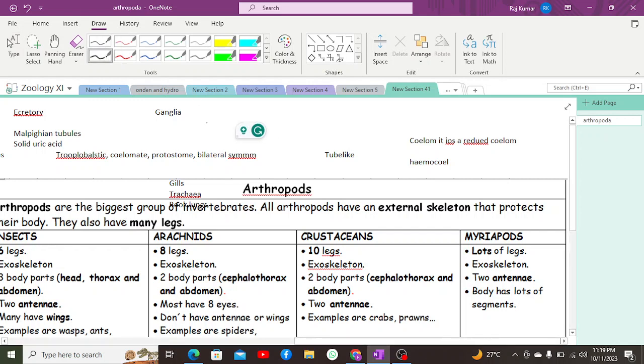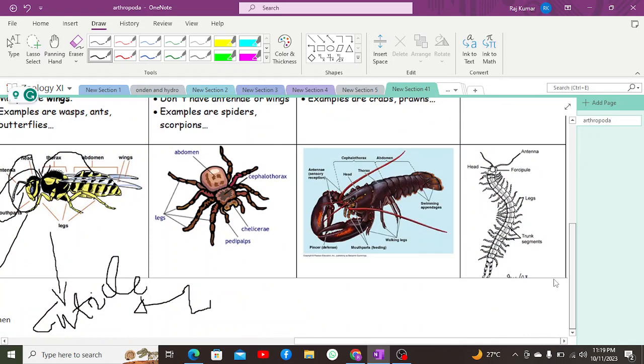That brain ganglia has a series of ganglia running down the length of the body, and that series of ganglia is connected by a double ventral nerve cord, as you might see in the diagram.